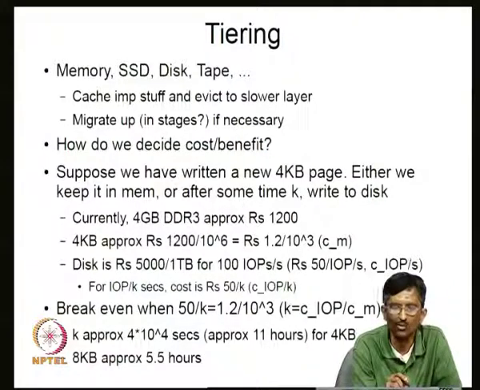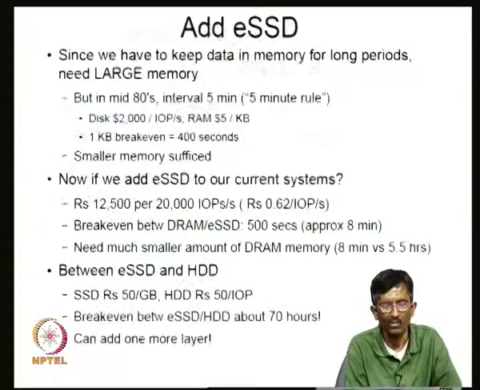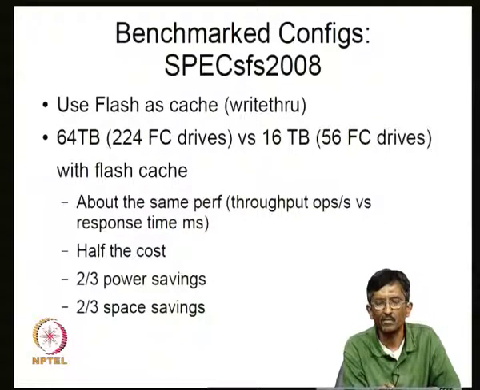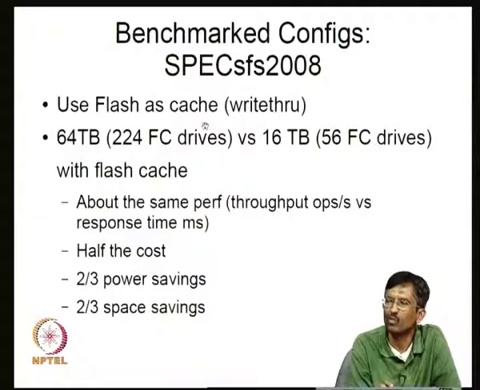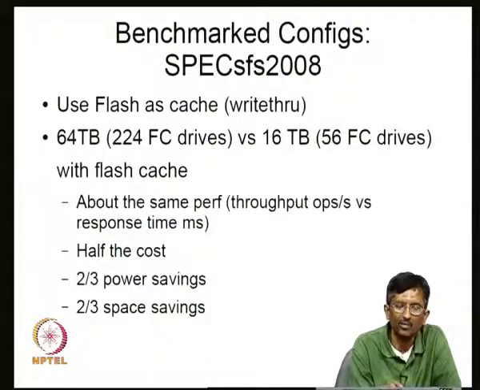So if you use the write through cache, then you can essentially not worry if the flash fails. And that is how people have been using it for quite some time. For example, if you look at NetApp and other companies, they have what they call a flash cache, and these flash caches are quite big.